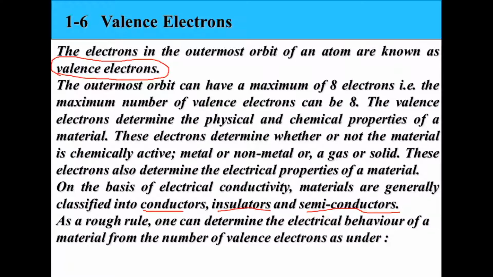Insulators do not allow the passage of electric current. Semiconductors act as both conductor and insulator. Now, valence electrons can enable us to determine the physical and chemical properties of any atom. We can use valence electrons to determine whether an atom is a conductor or an insulator or a semiconductor.